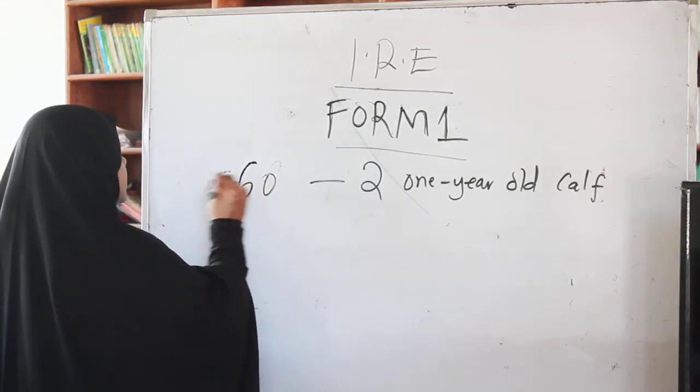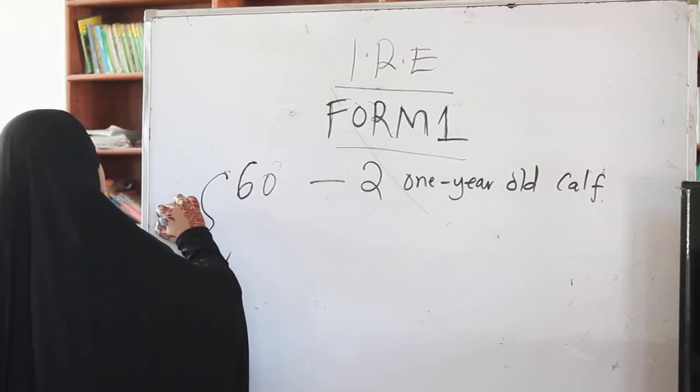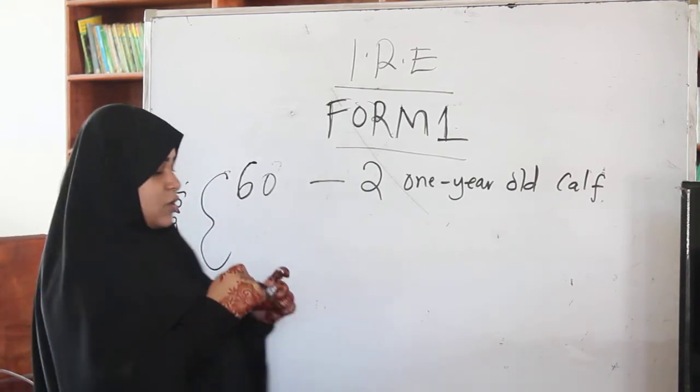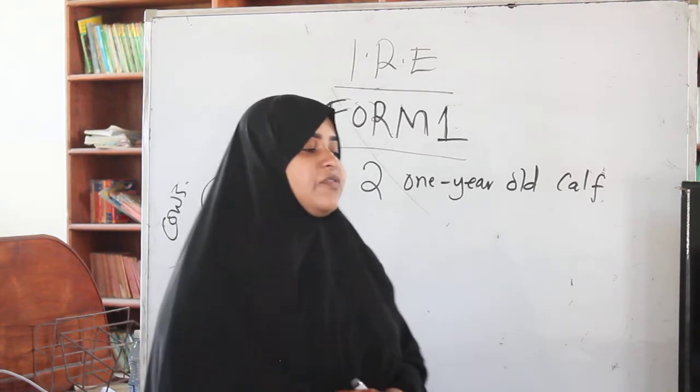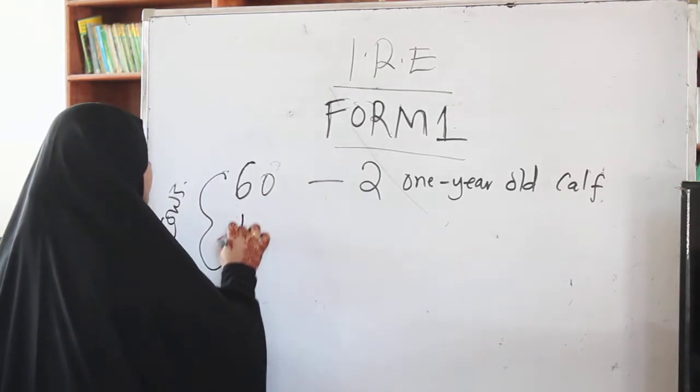For the cows, we are saying, for every 40 cows above 60 heads, for every 40.